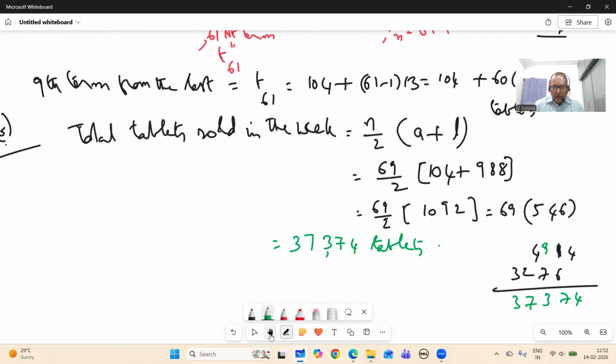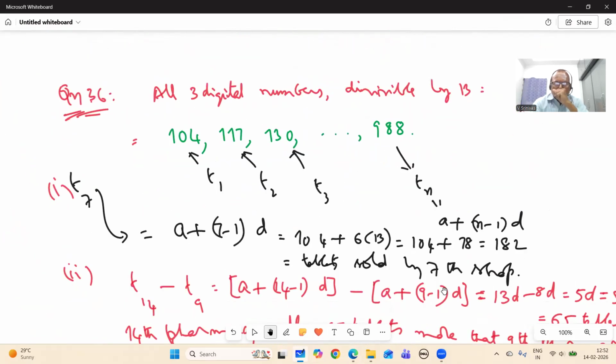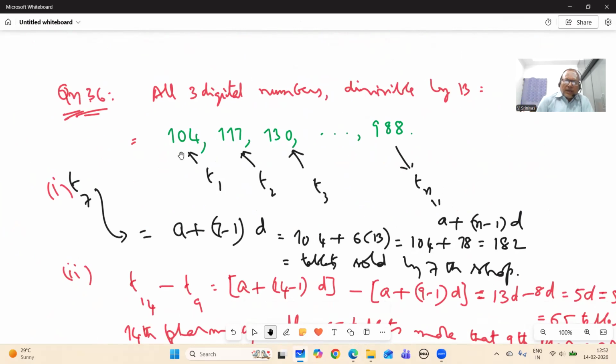So what we have done: we are given that all three digit numbers divisible by 13 were sold by pharmacies. So we start with the first such number. What is the first three digit number divisible by 13? It is 104.